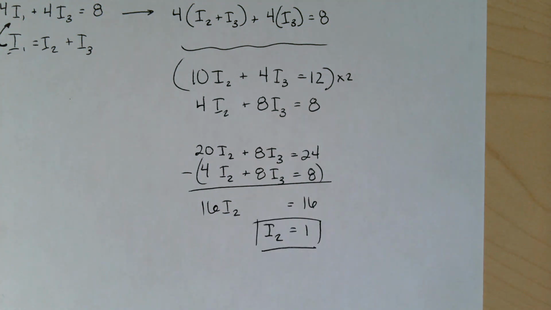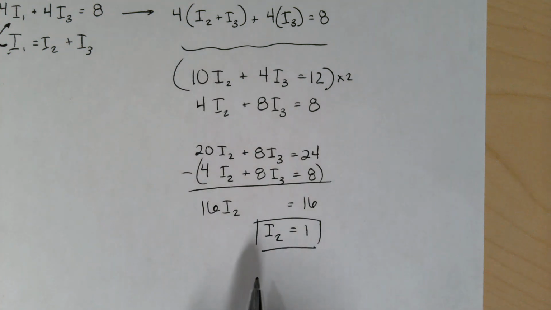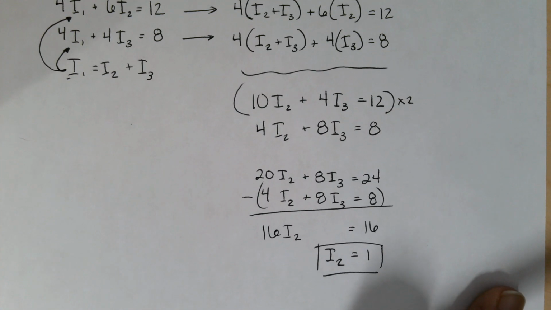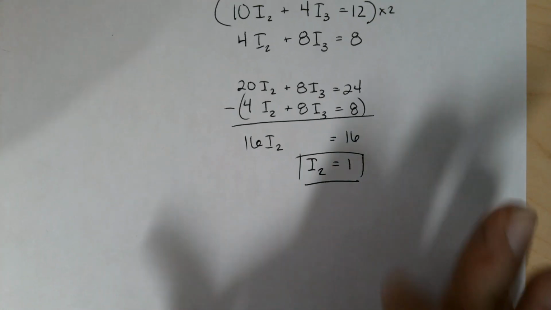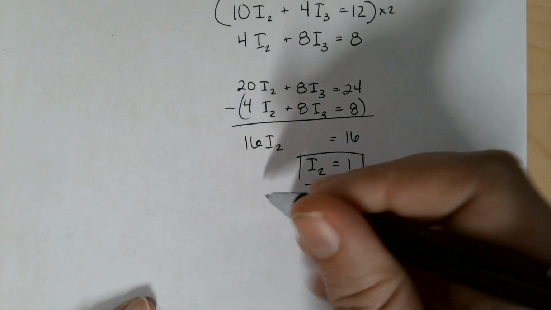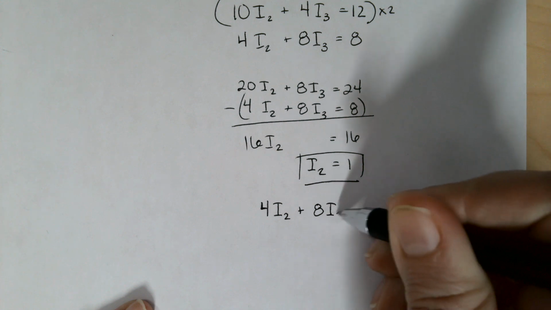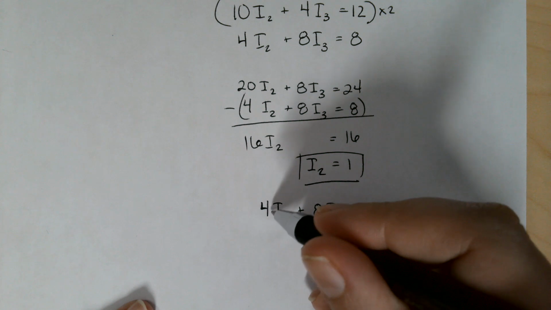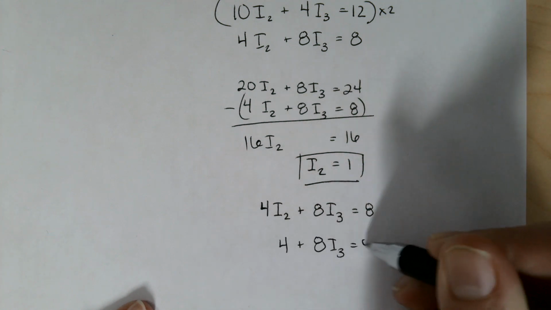Now, at that point, we would just take this 1 and keep plugging it back into the other equations until we figure out what the other values are. Let's pull up another equation. I have this one, 4I2 plus 8I3 equals 8. If I2 is 1, 4 times 1 is 4, plus 8I3 equals 8.